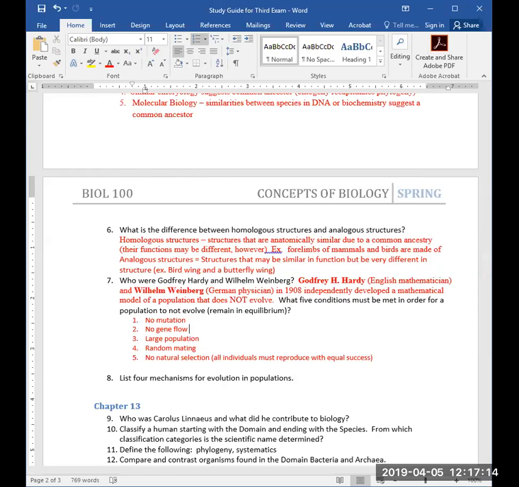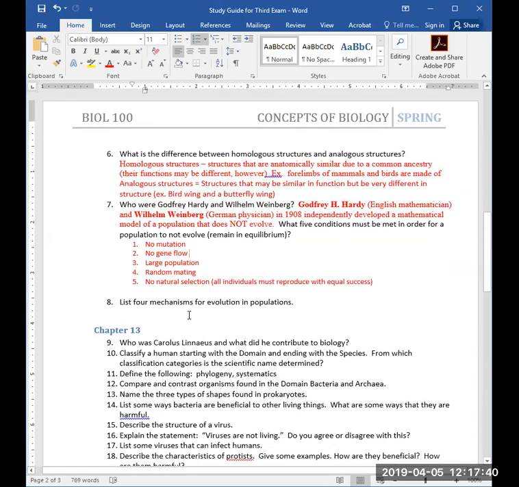Does that make sense? Yeah. So you were seeing if your population evolved mathematically, and then comparing it to a population that does not evolve and follows these characteristics.